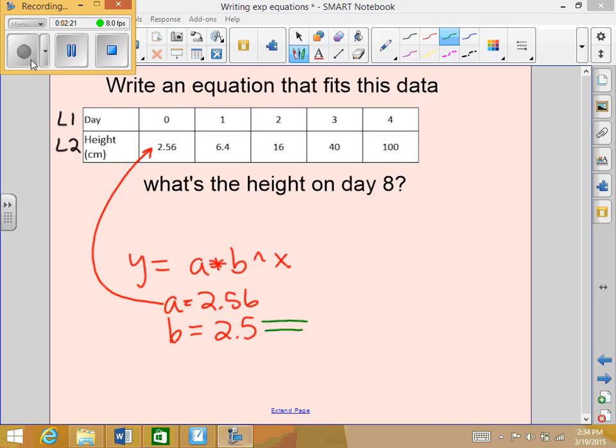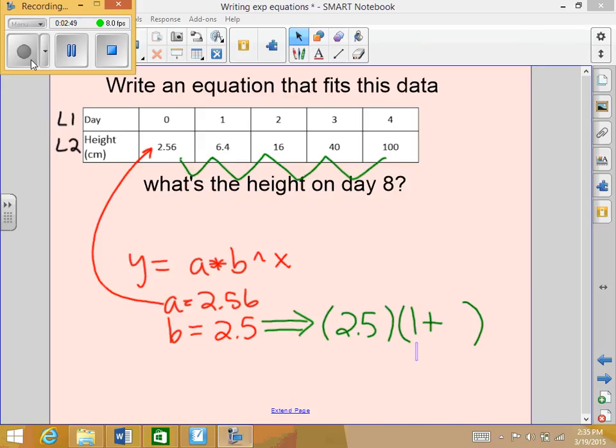And to take this a step farther, we write this in two forms, just like you and I talked about yesterday. One of the forms is going to be just the 2.5. And the other form, since this is an increasing problem, you can see how it increases on each increment. So that's going to be your 1 plus, and what do you have to add to 1 here in order to get 2.5?